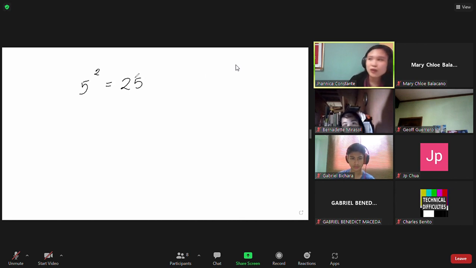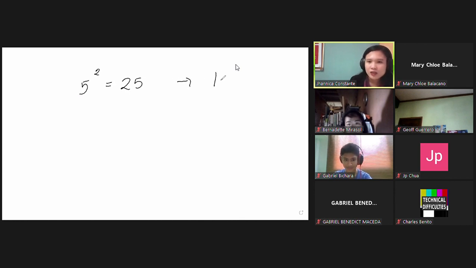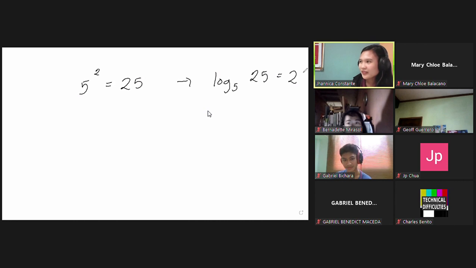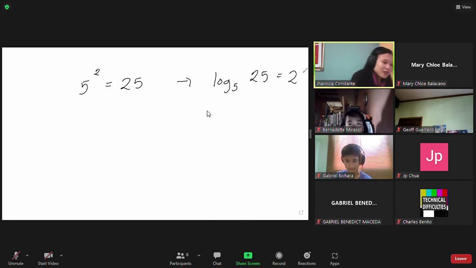If we're going to write this exponential form into logarithmic, we will have log base 5 of 25 equals 2. So that's how we rewrite the exponential into logarithmic form.